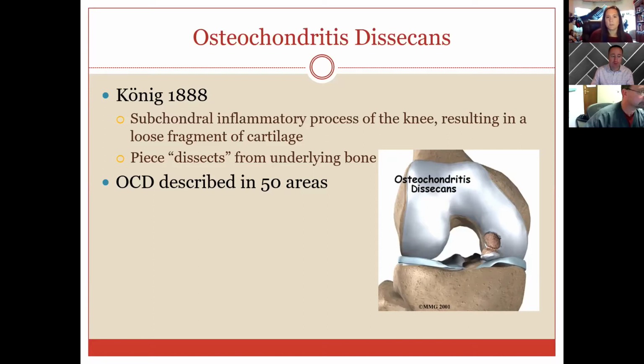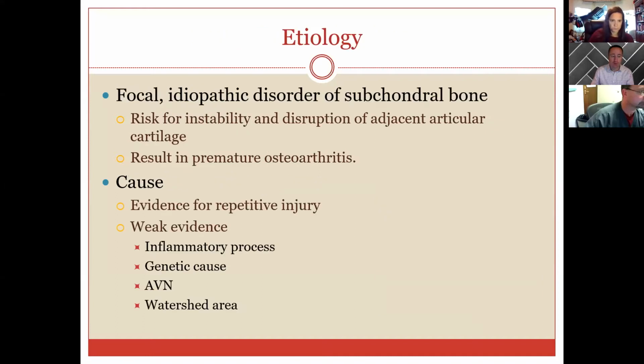And OCDs have been described in 50 distinct areas of the body. The most common one that I treat is knee OCD, but I also treat OCDs of the ankle, OCDs of the elbow. Actually, that was the last surgery that I did this week, was an elbow OCD. So it can occur in different areas.